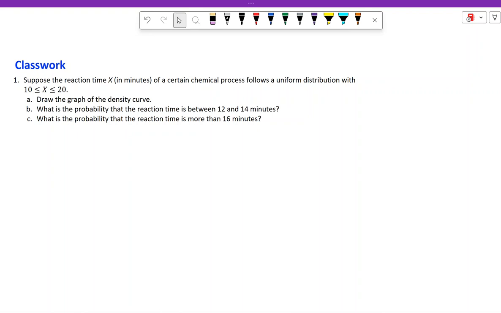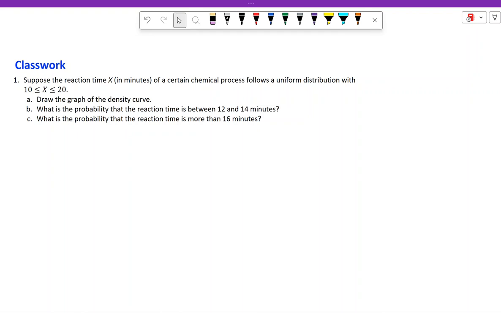The first step in solving this problem is to draw the density curve. Remember that in a uniform distribution, our density curve looks like a rectangle. This rectangle is going to have an edge to the left at 10 minutes and an edge to the right at 20 minutes.